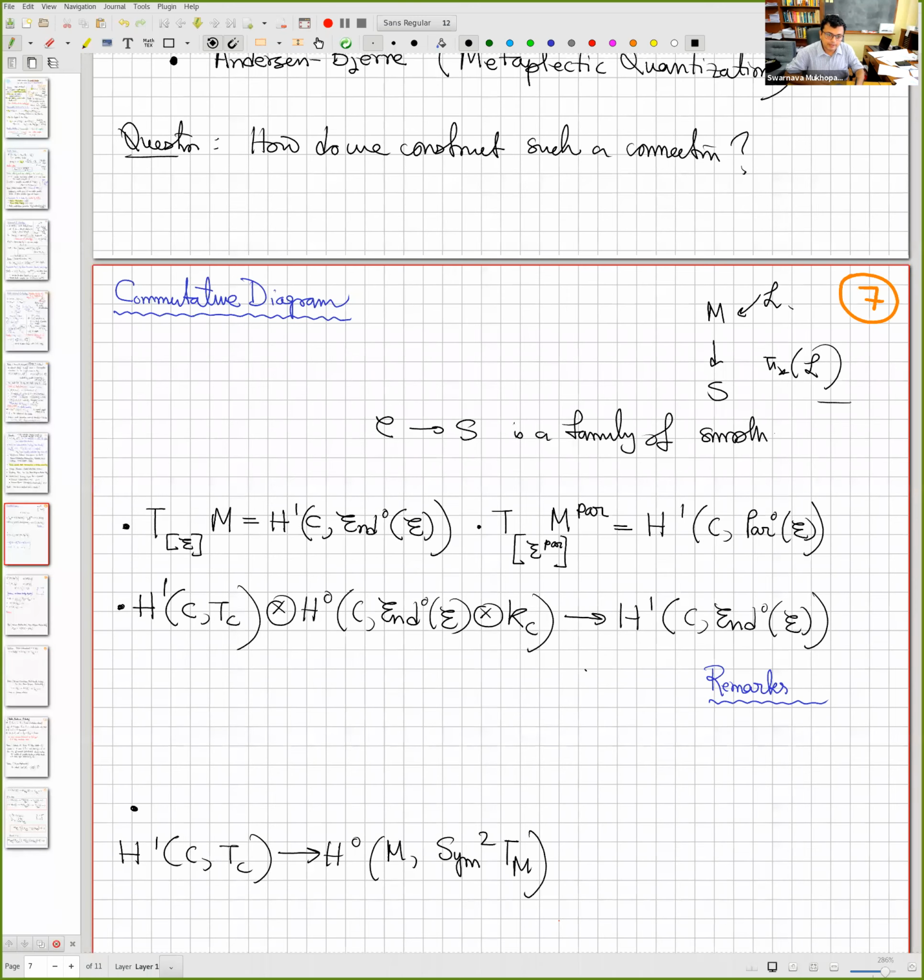You can take a versal family of curves, and M is the relative moduli space, and then I'm just going to take the fiber product. So this is the deformation of the curve, this is the deformation of the bundles, and this is the joint deformation.